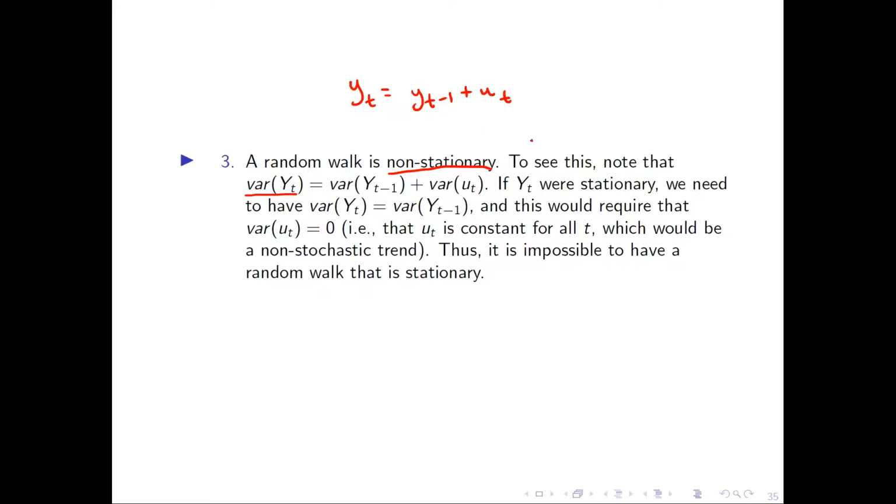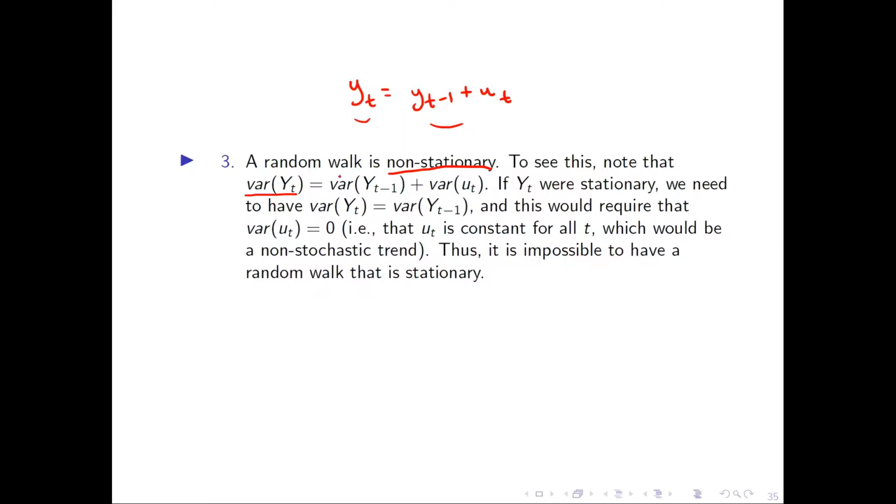So, if we take the variance of both sides, then we get the variance of yt equals the variance of yt minus 1 plus the variance of ut, which is the error term. And we can do this because we assume that yt minus 1 and the error term are not correlated.